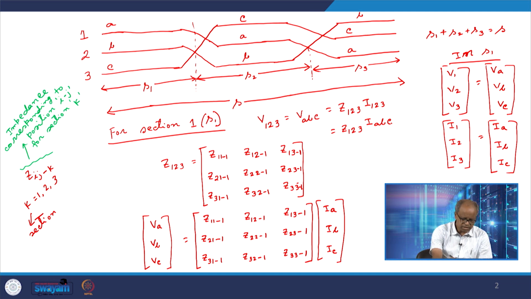So Zijk is nothing but, or rather it is actually, the element of the impedance matrix corresponding to position ij for section K. So this is the case.